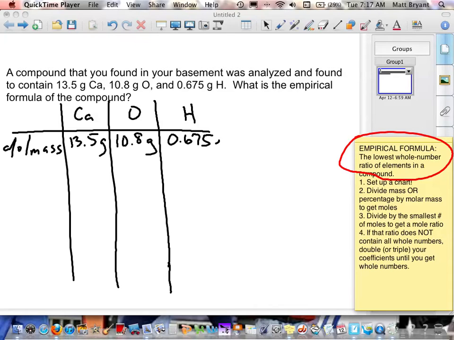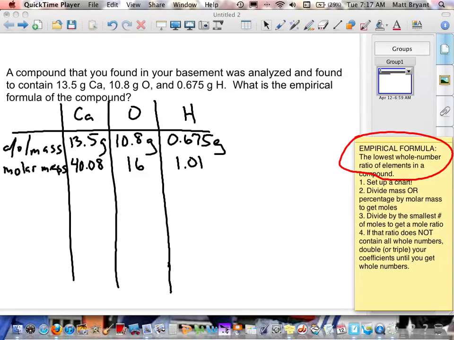So, the next step, the next row in our chart, is the molar mass. Once we look up the molar mass, for calcium, it's 40.08. For oxygen, it's 16. For hydrogen, it's 1.01.